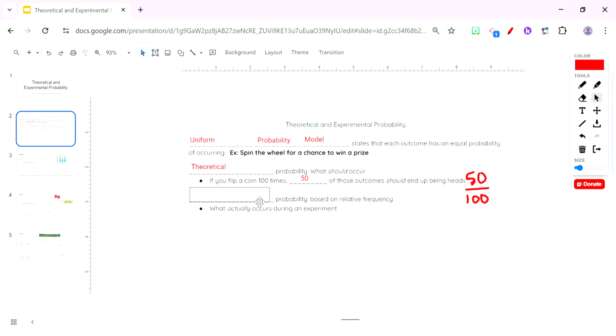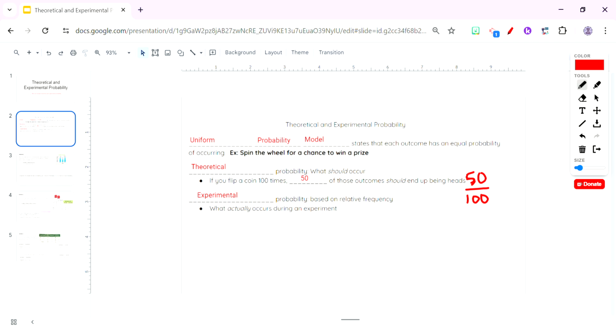Experimental probability, that is based on relative frequency, and relative frequency is just a fancy way of saying when you tally or take your data somehow after or during conducting of the experiment. Okay, so the experimental probability is what actually happens in the experiment.